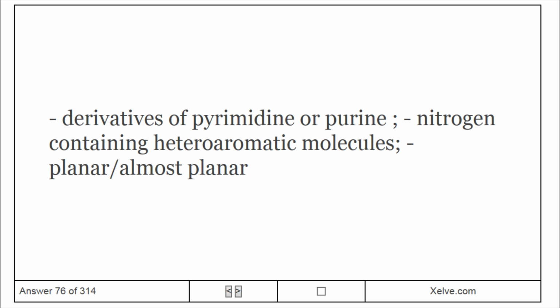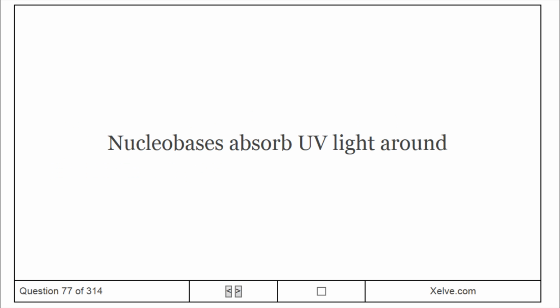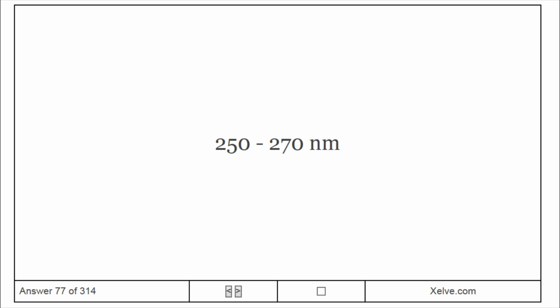Nucleobases. Derivatives of pyrimidine or purine, nitrogen-containing heteroaromatic molecules. Planar, almost planar. Nucleobases absorb UV light around 250 to 270 nm.